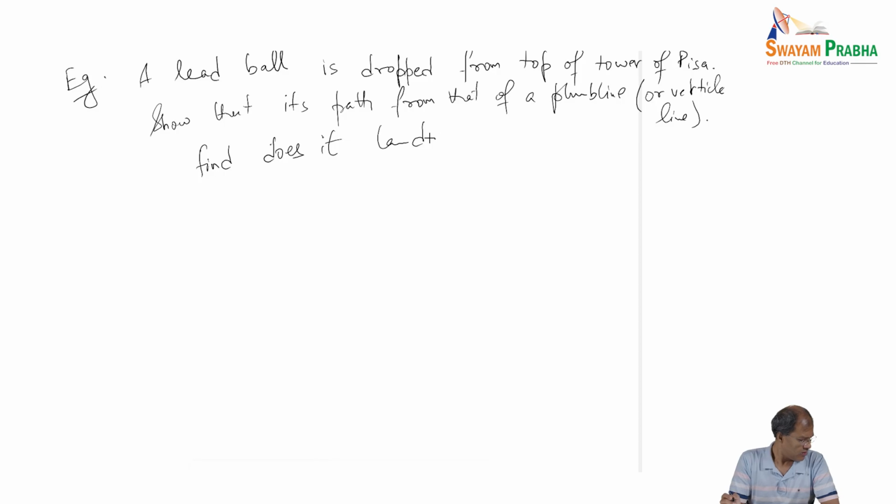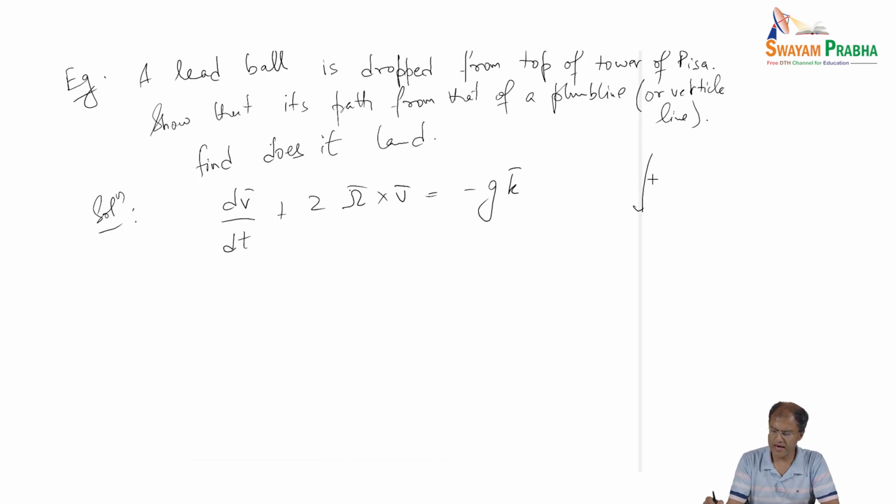Okay. So of course the only force acting on this lead ball is its weight. So we can write down the equation of motion straight away. So we have dv/dt plus 2 omega cross v, this is the Coriolis effect, this is equal to minus g k, minus k being the vertical axis downward.